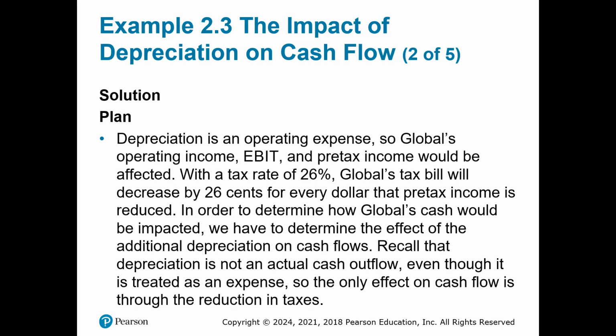In order to determine how Global's cash would be impacted, we have to determine the effect of the additional depreciation on cash flows. Recall that depreciation is not an actual cash outflow, even though it is treated as an expense. So the only effect on cash flow is through the reduction in taxes.